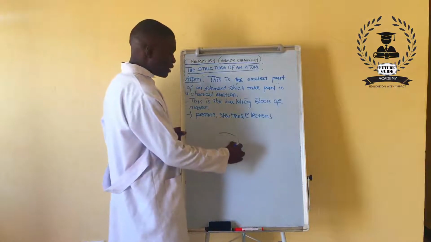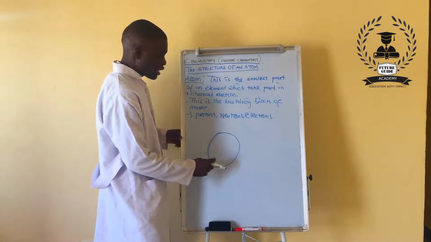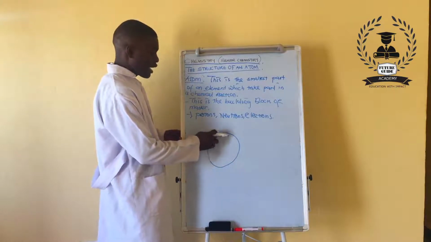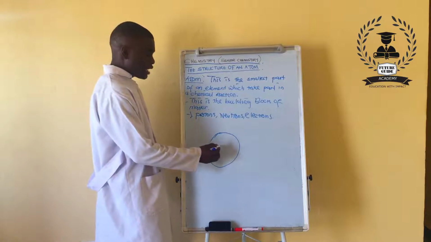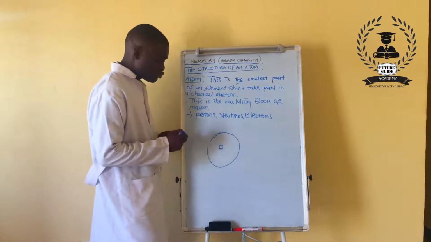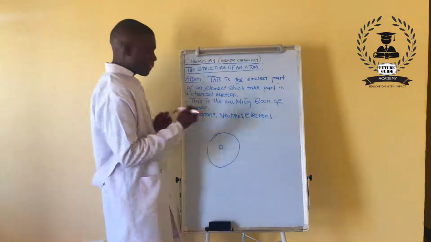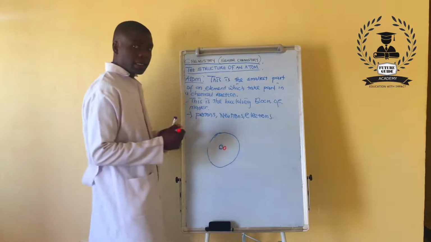We can draw something like this to represent the structure of an atom. At the center here, we've got two parts.